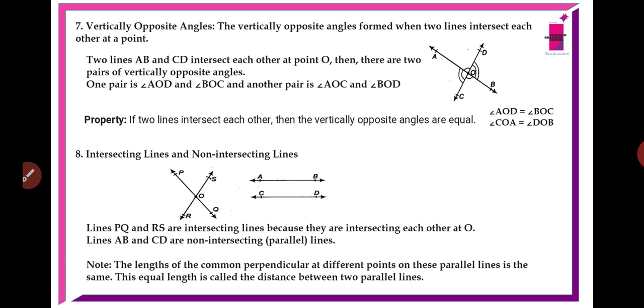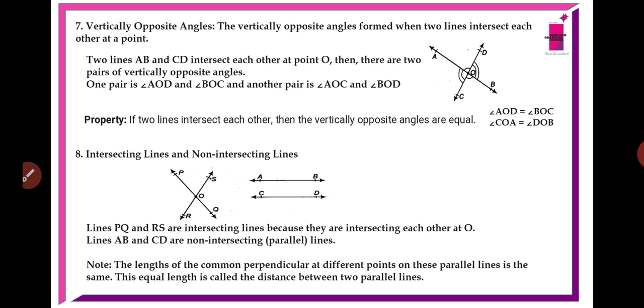Now here we have a property: if two lines intersect each other, then the vertically opposite angles are equal. Here angle AOD equals angle BOC and angle COA equals angle DOB. Always remember, an angle can be named from either side, like AOC or COA; they are the same angle.